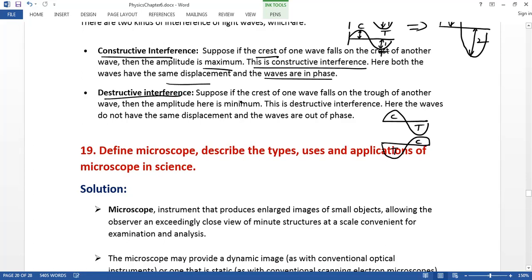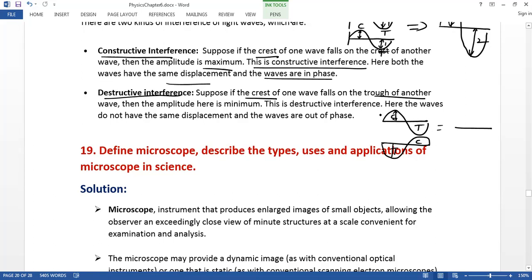In destructive interference, suppose the crest of one wave falls on the trough of another wave, the amplitude will be minimum. Here the cancellation process will take place and the resultant will be a null wave, or you can say there will be no wave, because of cancellation. For example, this has amplitude plus 1, and this trough will be minus 1. So plus 1 and minus 1 will cancel, right? So destructive interference will take place.